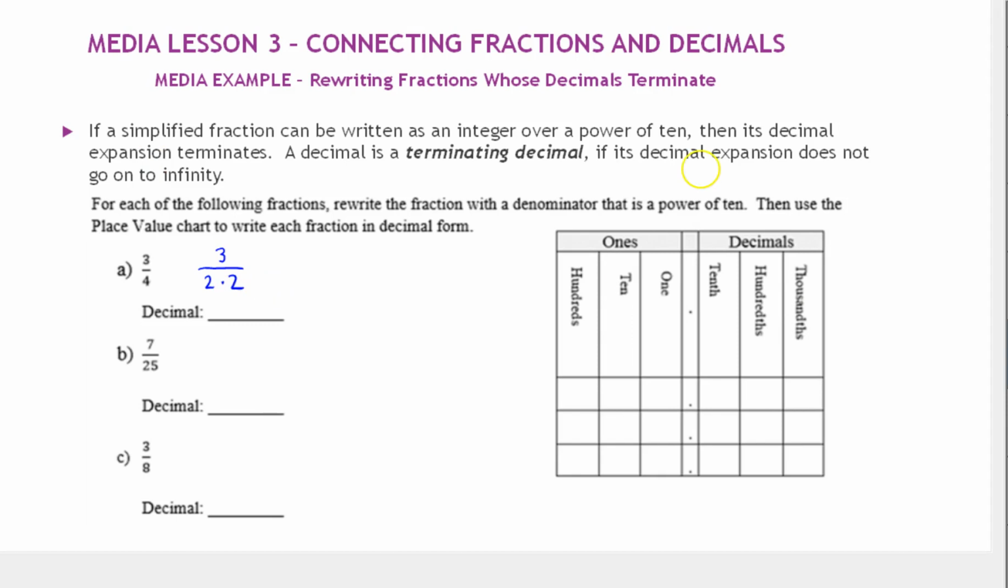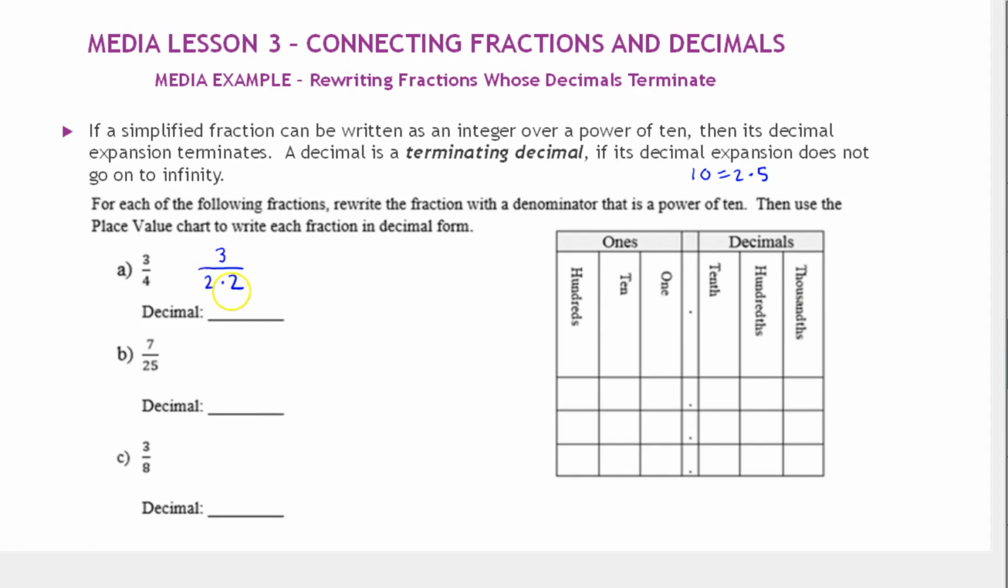Now, since we have a base 10 system and 10 is equal to 2 times 5, if I can make this a power of 10, some number of 10s multiplied by each other, then I can easily put this in the chart.